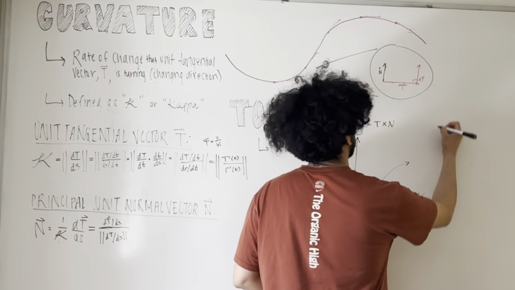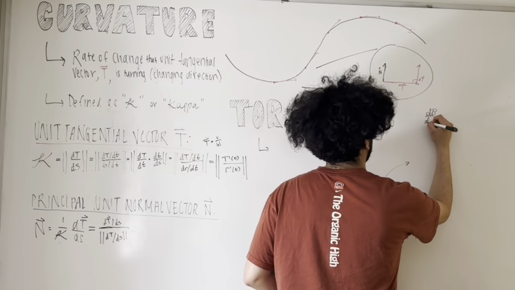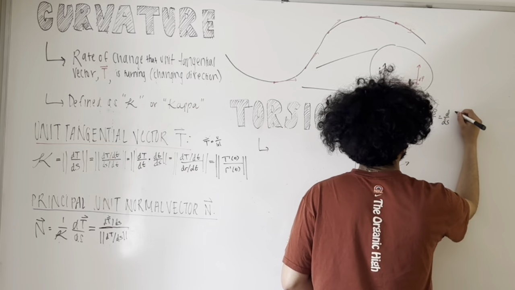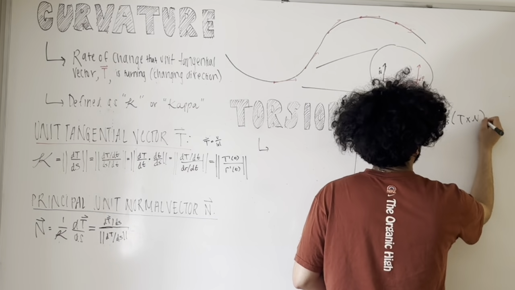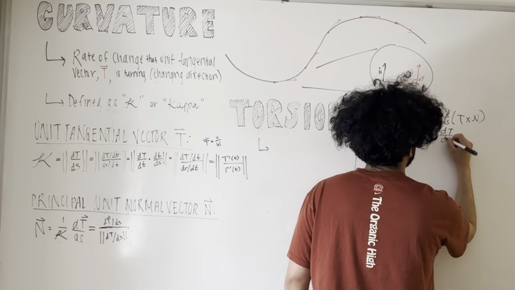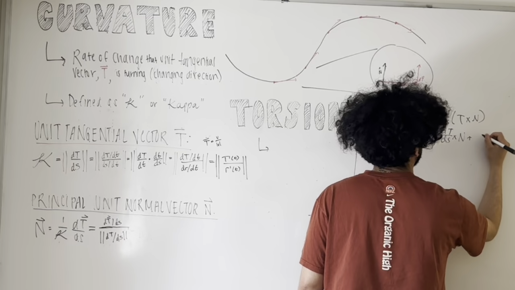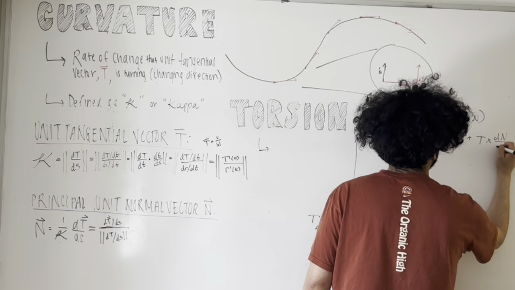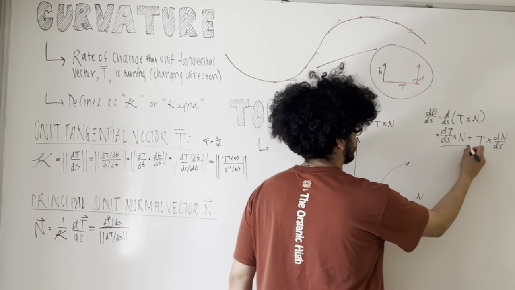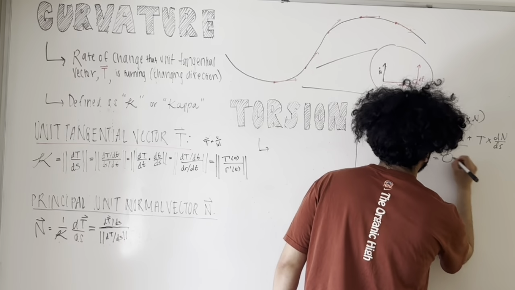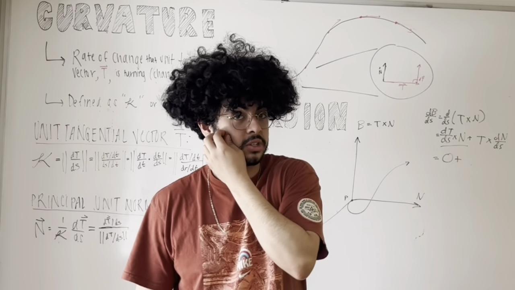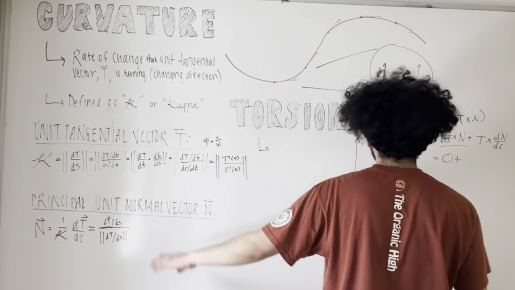We can take the derivative of the binormal vector with respect to the arc length, which would give us dT/ds cross N plus T cross dN/ds. And what's cool about this is that the first term simplifies to 0 since dT/ds points in the same direction as N, as we found earlier.